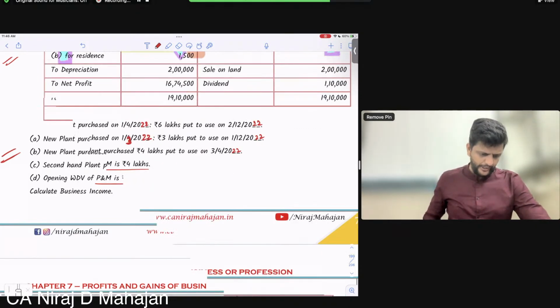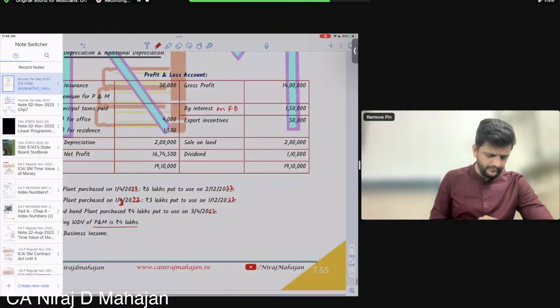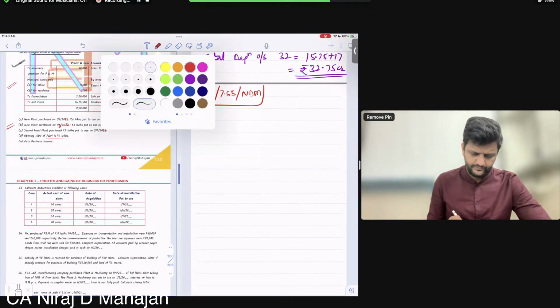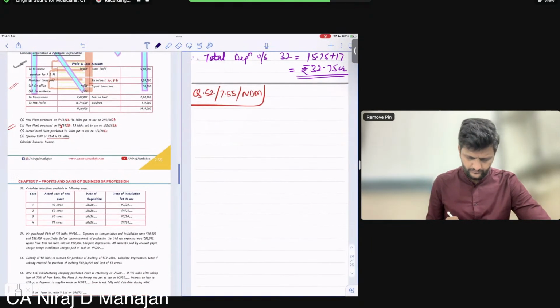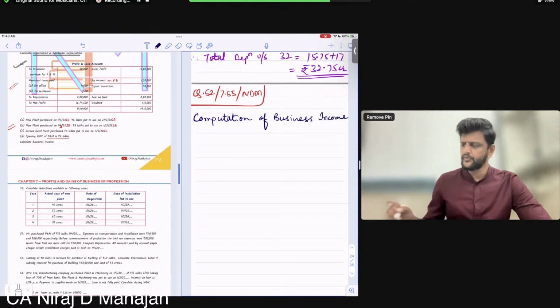Ready? So calculate business income. Write down: Computation of business income. Ready?